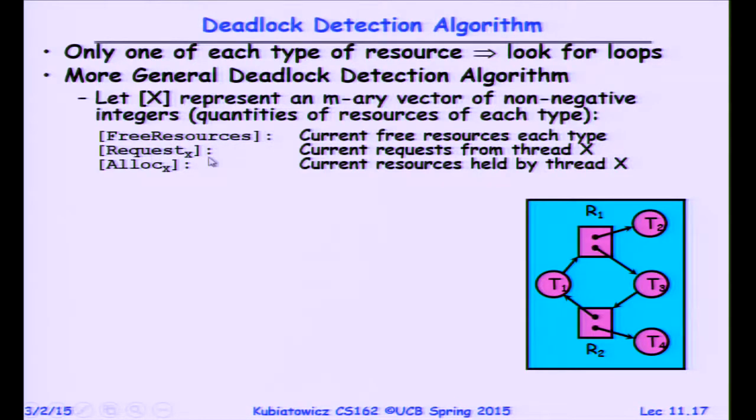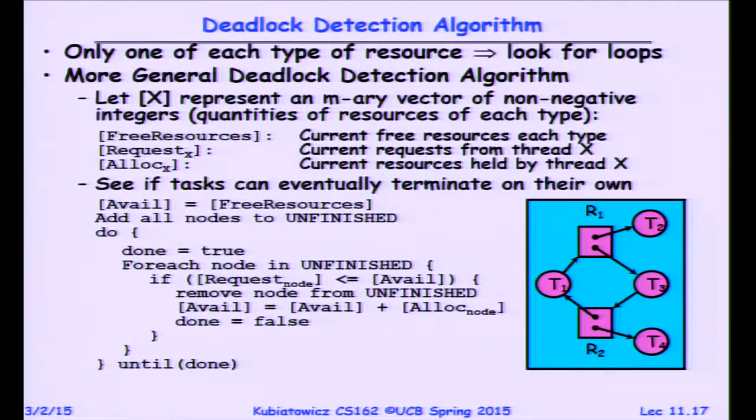Then a given thread can request resources, and that will also be a vector with as many elements as there are resources. And we have the current resources that a thread has. So thread X is requesting resources and has some already allocated, and we have some free. All 3 of these vectors have as many elements as we have resources, namely 2 in this example. Then all we do is simulate. We start with the vector of all free resources, and we put all nodes, that means all of the threads, in an unfinished list.